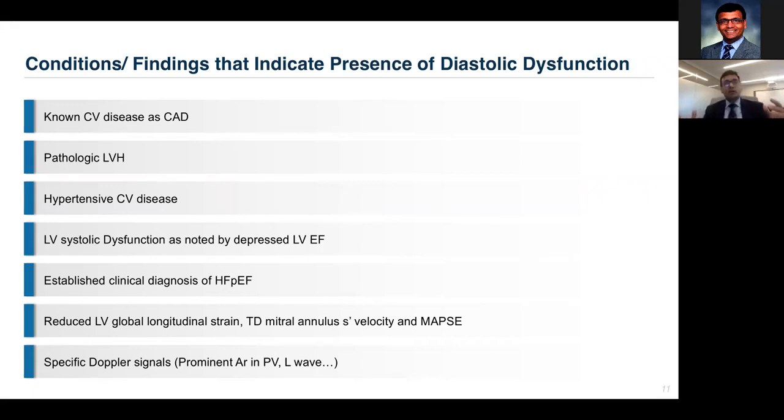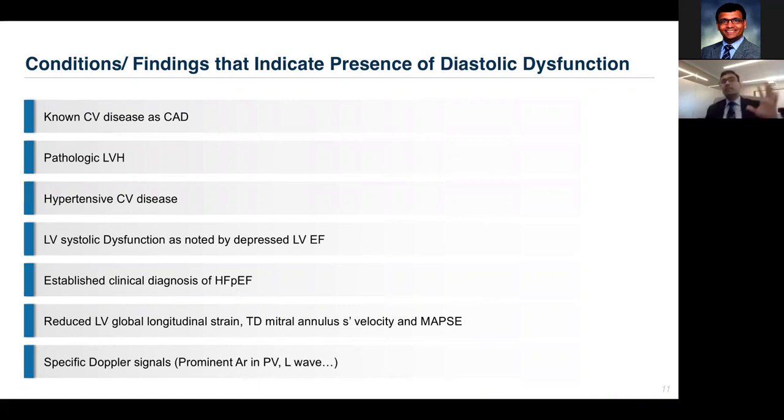What are these features? These are if the patient has a known cardiovascular disease like coronary artery disease, has a known history of pathologic left ventricular hypertrophy, hypertensive heart disease, LV systolic dysfunction as noted by reduced ejection fraction less than 50%, an established clinical diagnosis of heart failure, particularly heart failure with preserved ejection fraction, reduced LV global longitudinal strain, reduction of mitral annular S prime velocity, reduced mitral annular plane systolic excursion, or specific Doppler signs that are usually suggestive of the presence of diastolic dysfunction, like a prominent atrial reversal wave in the pulmonary vein, presence of L wave, and so on and so forth.